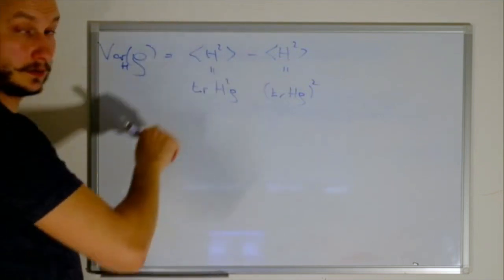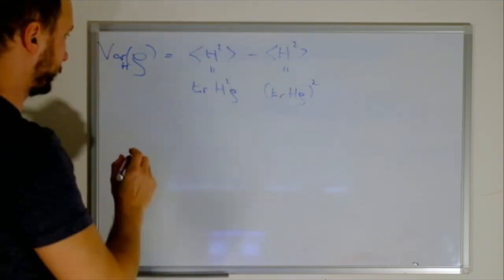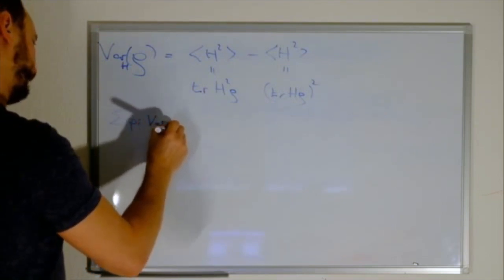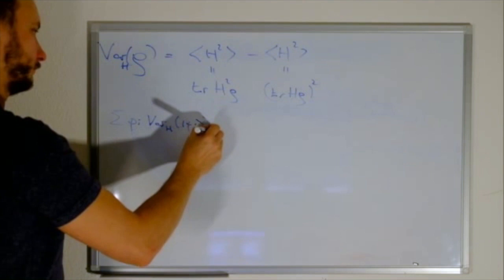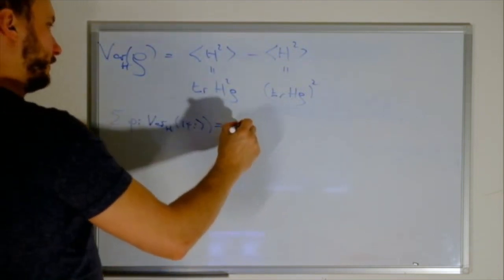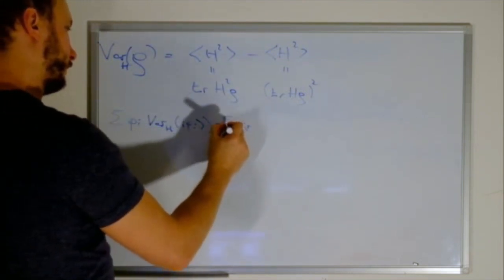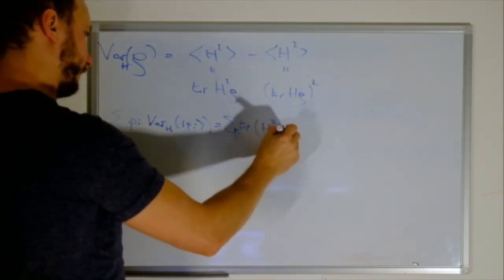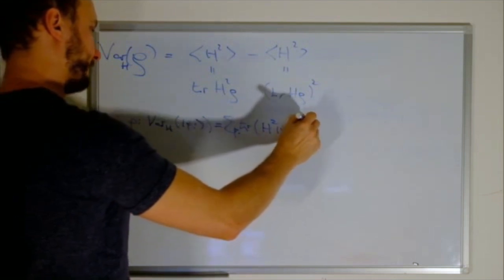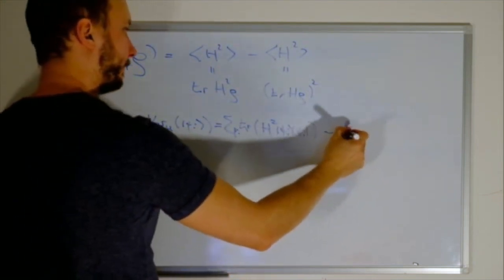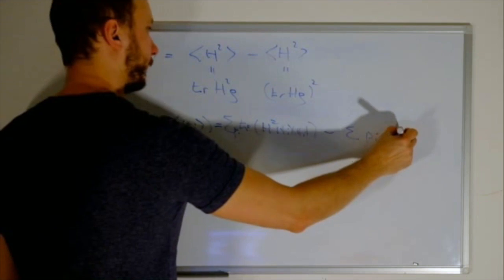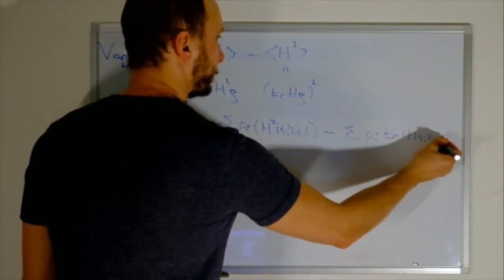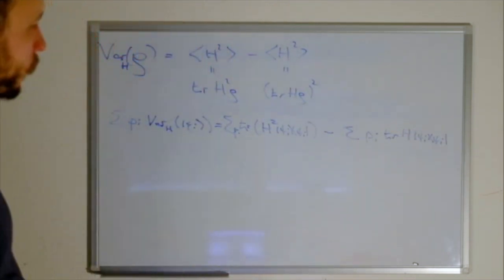Now we do the same thing for the average variance of each decomposition. So what is the average variance for each decomposition i? Well, this is simply the sum of p_i times the trace of H squared psi_i.